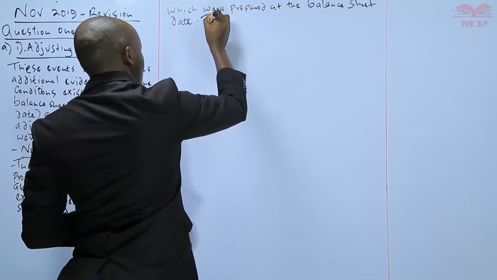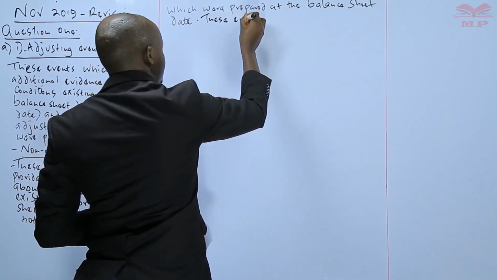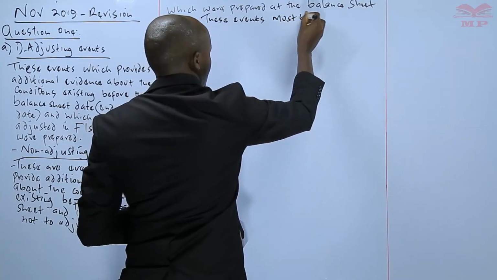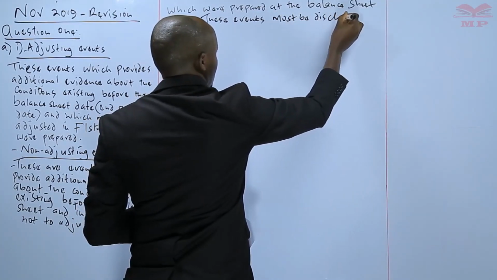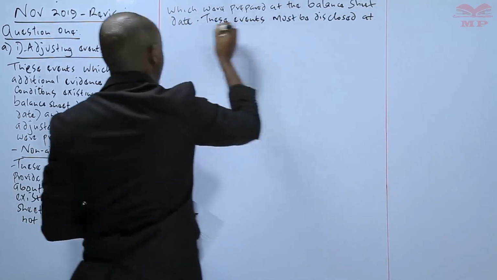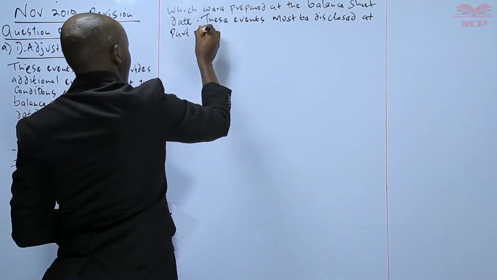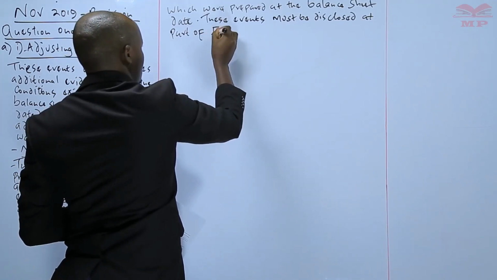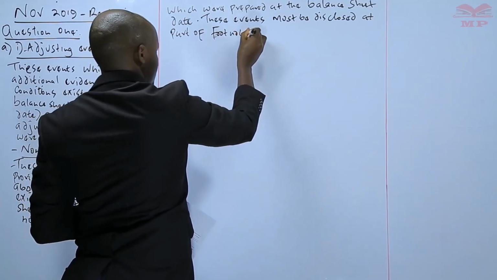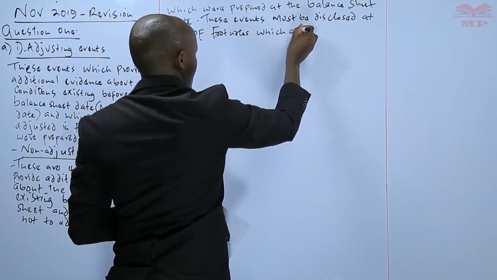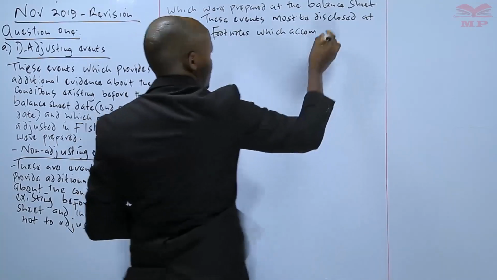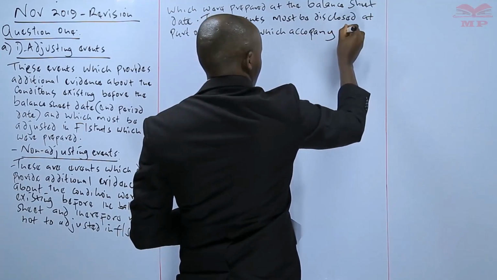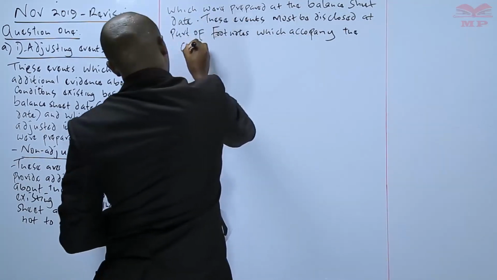So therefore we can say this event must be disclosed as part of the notes, or we can say part of the footnotes, which accompany the company's financial statements.